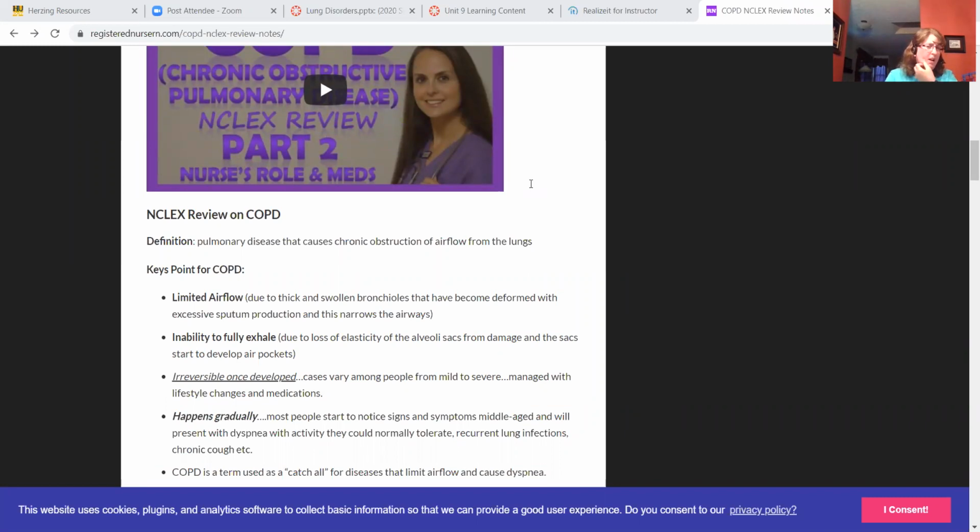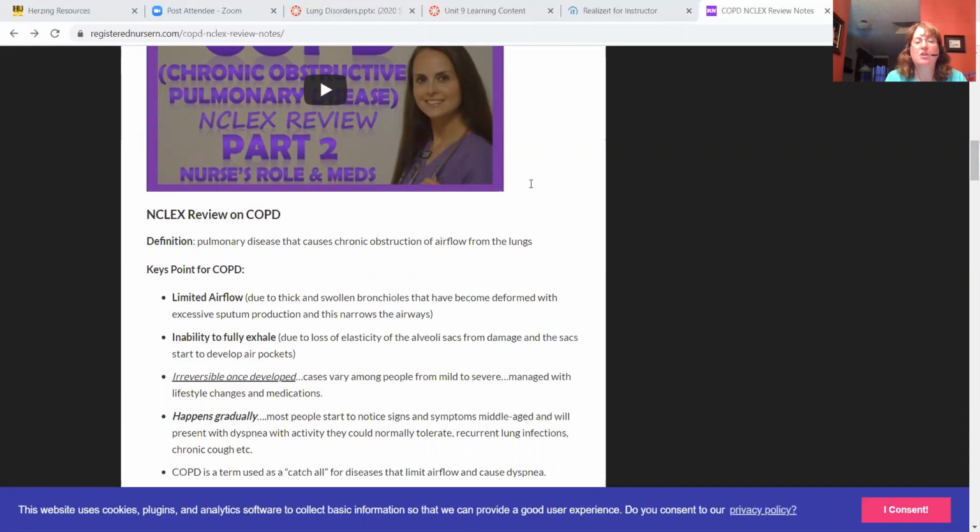So with COPD, this is a chronic condition where you can't get good airflow in your lungs. And the reason for this is because you've had damage to your lungs in some way that's irreversible, that you cannot fix. So in here she says it's a pulmonary disease that causes chronic obstruction of the airflow from the lungs.